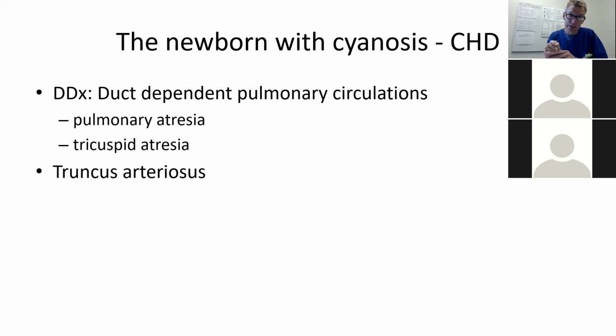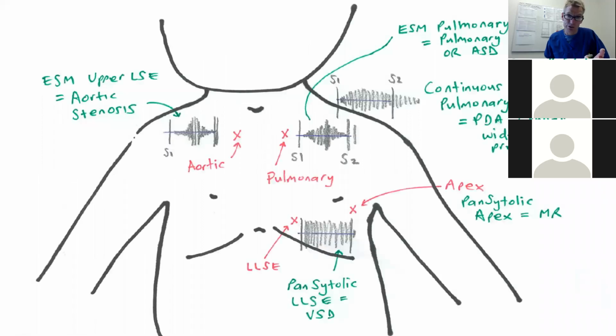And in a truncus arteriosus, the child has a large VSD, and they have a single trunk that goes to both the aorta and the pulmonary arteries. In that case, you'll get complete mixing of blood within the ventricles, and the baby will typically be quite blue. I won't go into those things. I want you to understand the concepts of why you get cyanotic heart disease. And typically it's because of either mixing or obstruction to the right ventricular outflow tract.